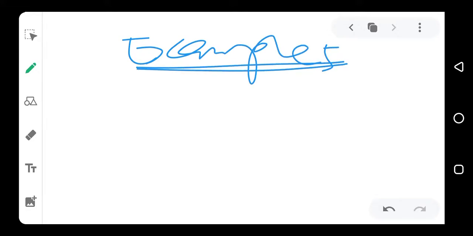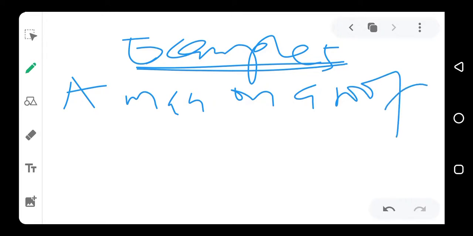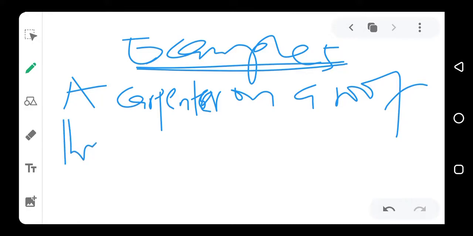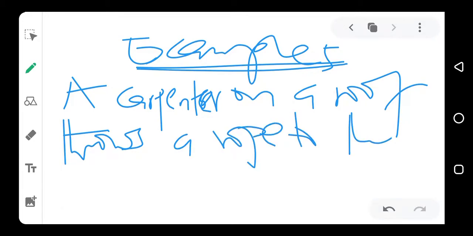Now, they can also give us another example like this. Example 5. We can have something like a man on a roof, or a carpenter. They can say a carpenter on a roof throws a rope to the ground.